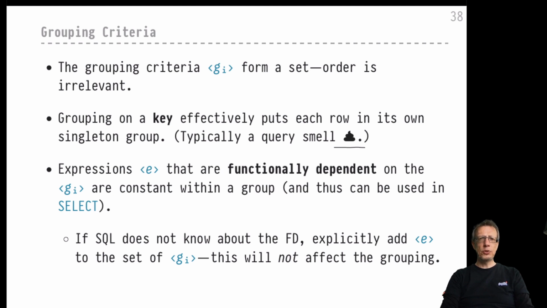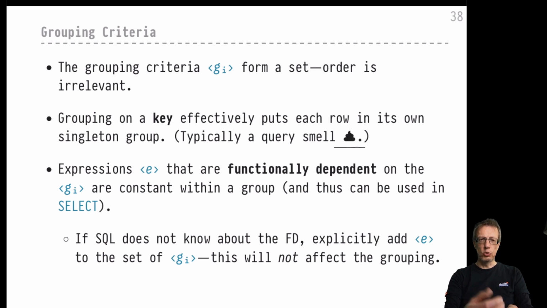There's an interesting interaction between the expressions that are admissible in the select clause and the notion of functional dependency that you might or might not recall from the lecture DB1. All expressions that are functionally dependent on the grouping criteria are actually constant inside a group.